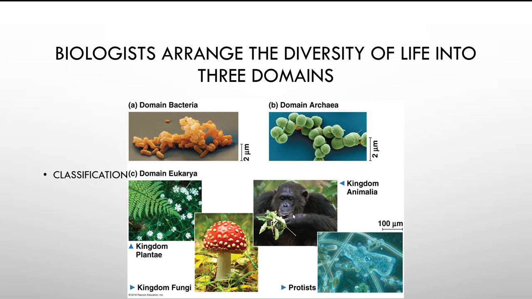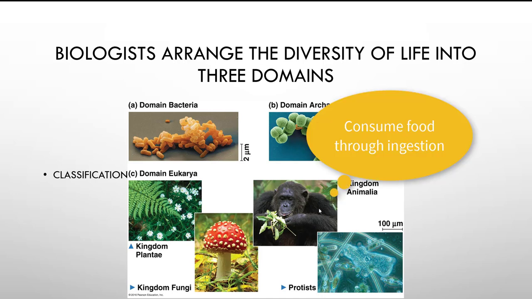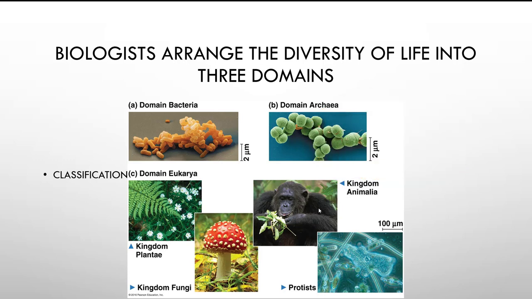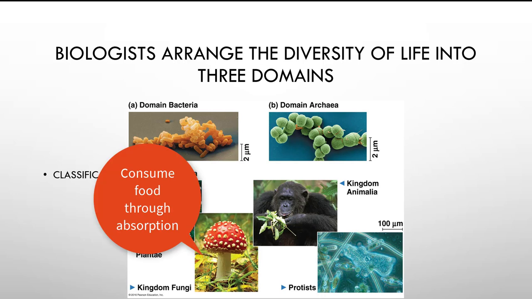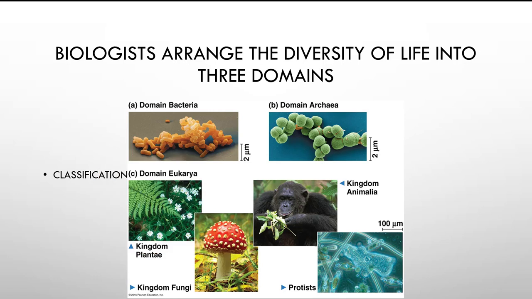Animals, kingdom Animalia, so those are the heterotrophs, the ones that consume their food through ingestion. And then kingdom Fungi, those are the chemiotrophs, so they're the ones that absorb their food. Actually, they're heterotrophs as well, but they absorb instead of ingest their food. They do not photosynthesize.